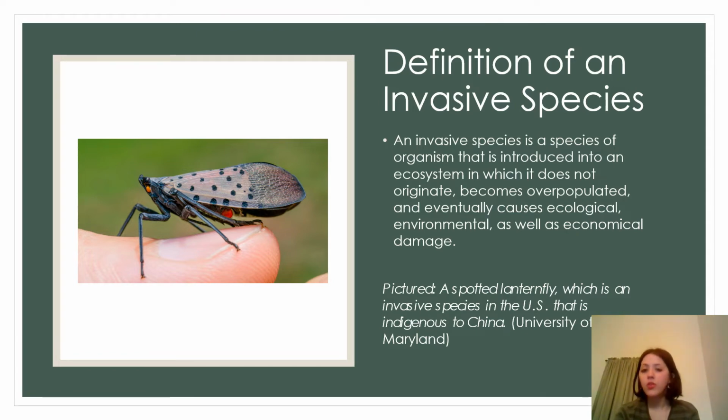And pictured over here to the left is a picture of a spotted lanternfly, which is an invasive species in the United States. It was detected in around 2014, I believe, and it is indigenous to China. This picture was sourced from the University of Maryland, and I will talk about this later on in the presentation.